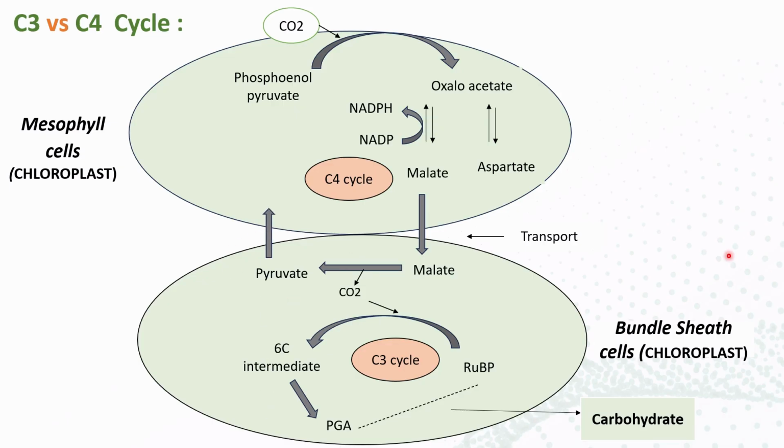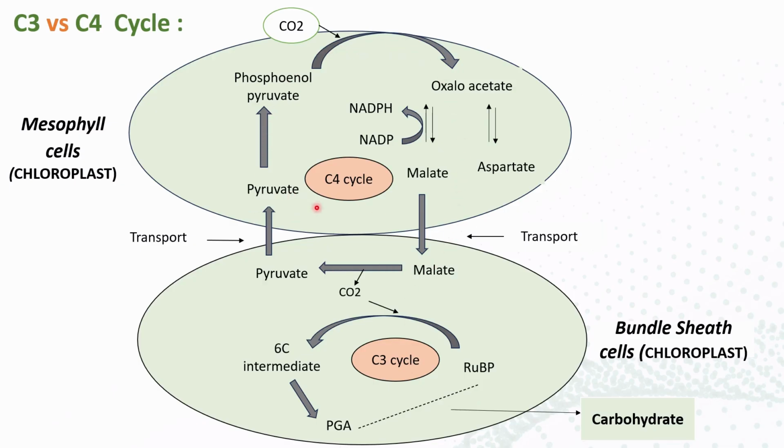So what about the pyruvate here? The pyruvate which is formed in the bundle sheath cells of the C4 plants again enters into the mesophyll cells of the C4 plants. These pyruvate molecules are converted again into phosphoenol pyruvate molecules, so it is in a cyclic way.